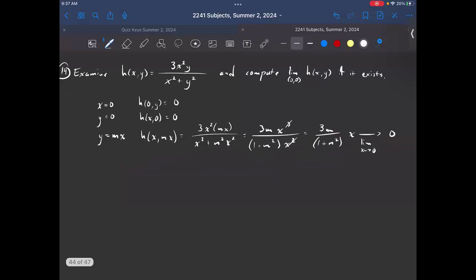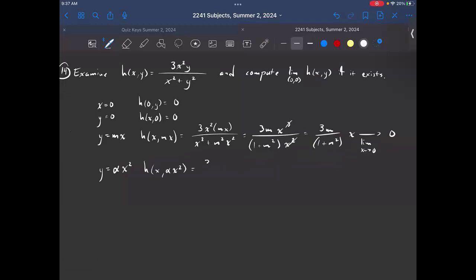What about our quadratic parameterization? So let's try y equal alpha x squared, something like that. And so now we have h of x alpha x squared.